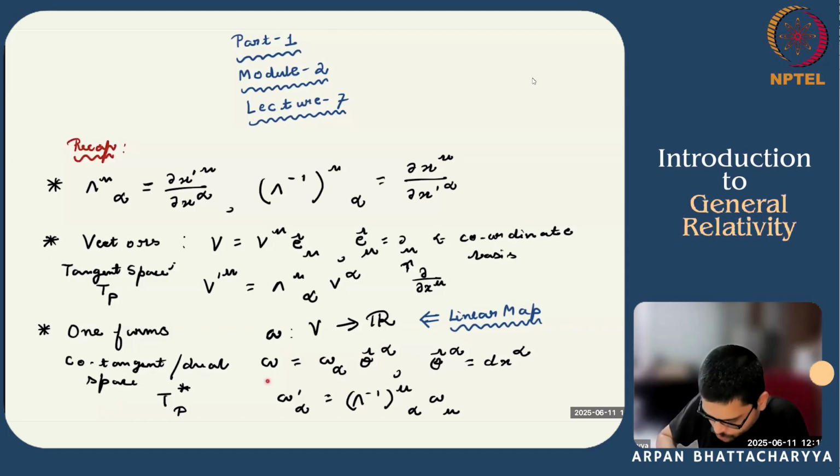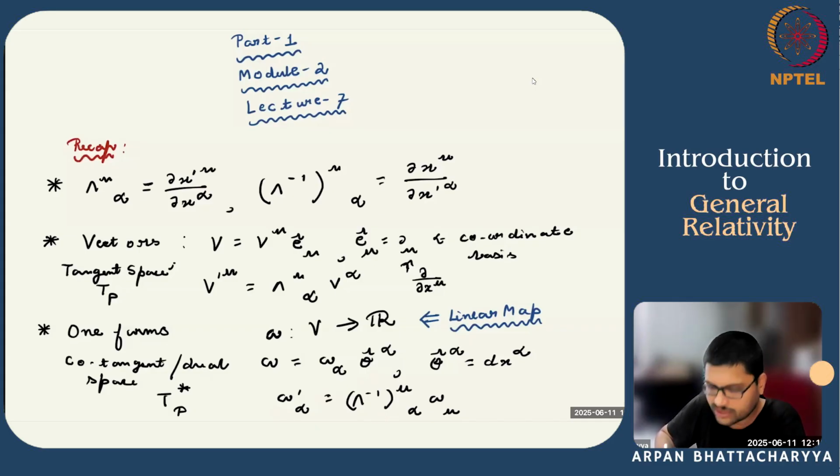And then this map omega we call the one form, and we can again write it in terms of a component alpha and basis vector theta alpha, and we have actually identified this theta in coordinate basis with the coordinate differential, and we derived that this component of one form transforms this way. More specifically, under inverse Lorentz transformation, its component transforms as written here.